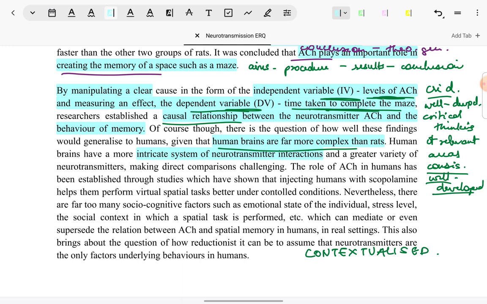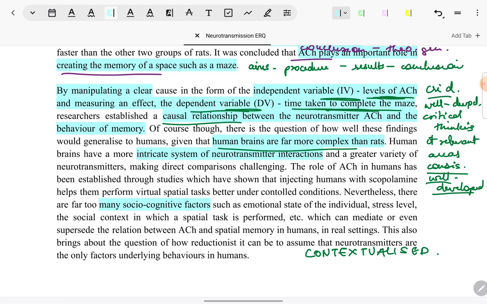So it is unlikely that what is found in a simple brain like that of a rat would apply to a complex brain. Not only that, the point is further complicated by noticing that humans are also influenced by many socio-cognitive factors when it comes to their behavior. So no doubt there can be some neurotransmitter being released in the brain in case of a human that could influence their behavior, but it would get modulated by environmental factors.